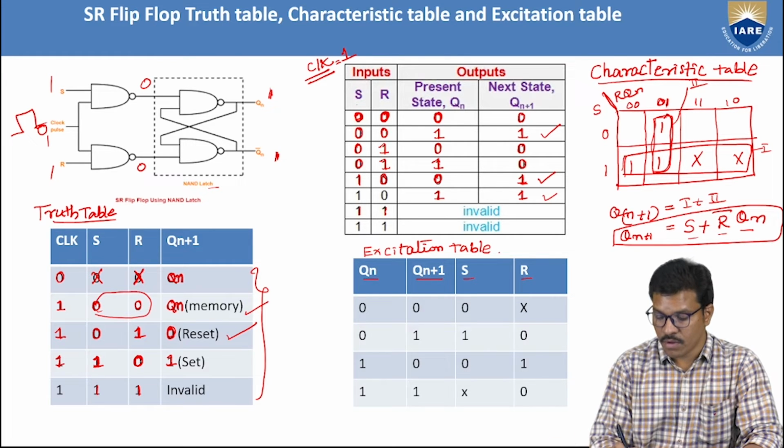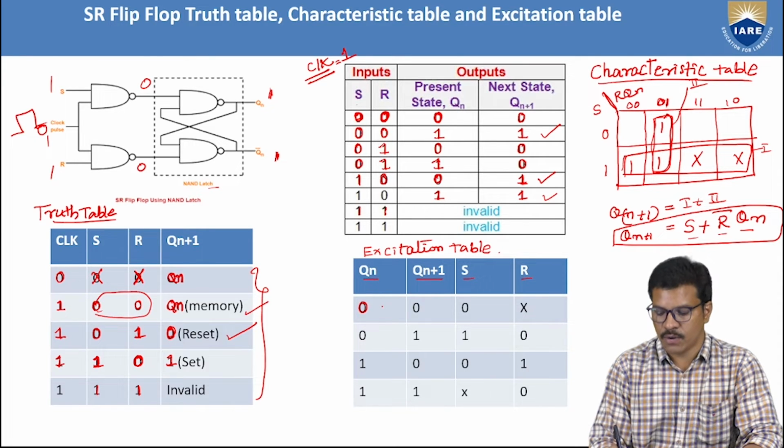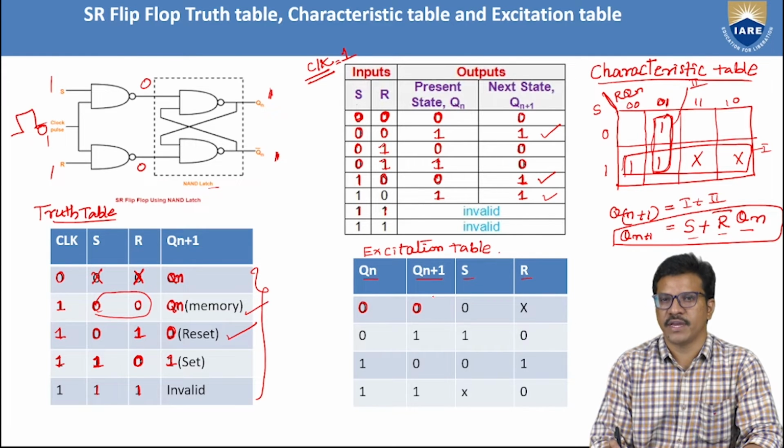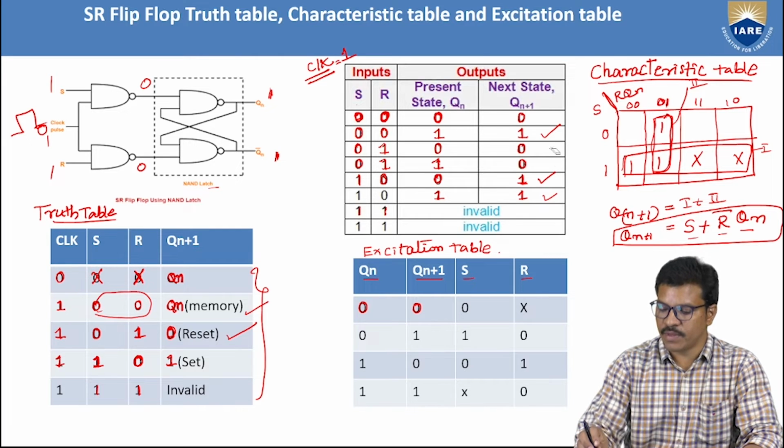So let us see now. If Qn is 0, present state 0, and the next state is also 0, for what conditions of S and R will you get present state 0 and next state 0? This can be achieved from the excitation table.